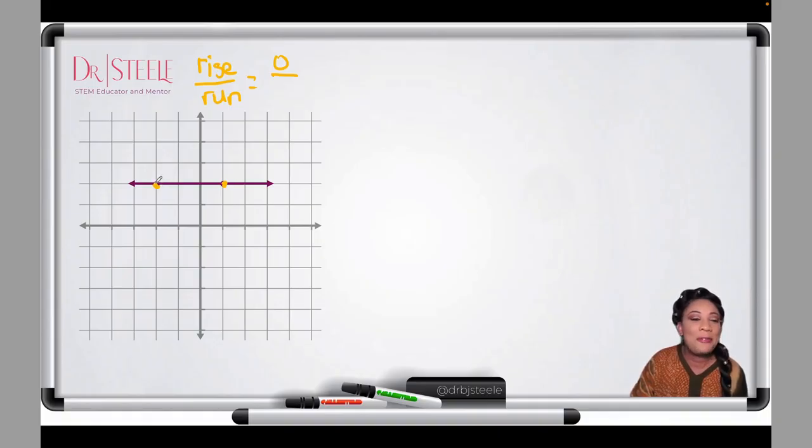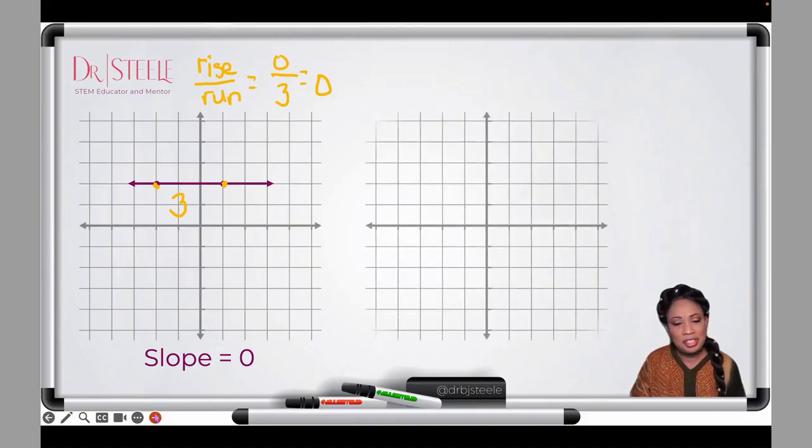So I can say I ran 1, 2, 3. Now, 0 divided by 3 is 0. So, a slope that is just a straight line horizontally is 0.